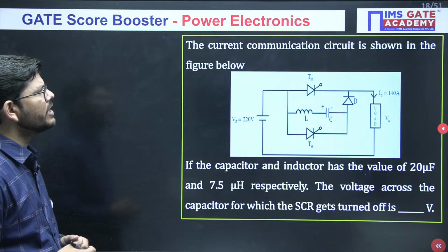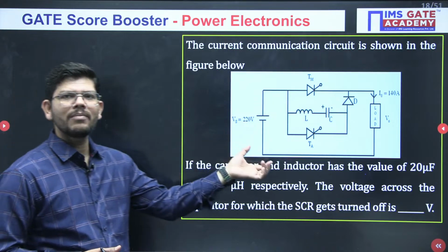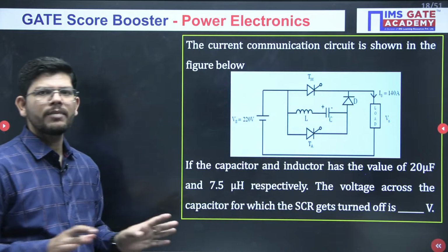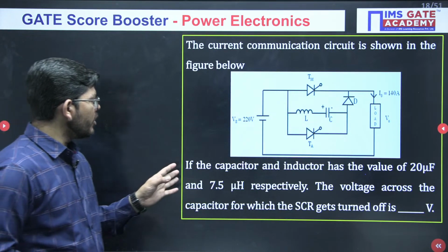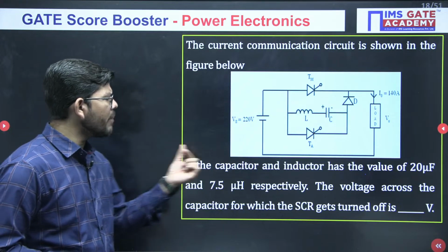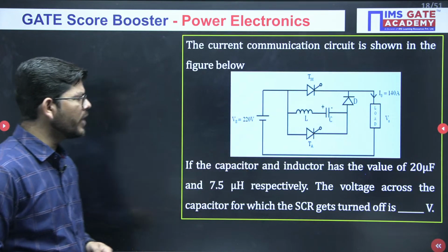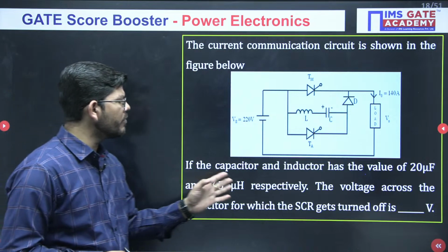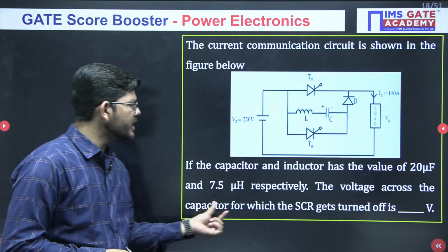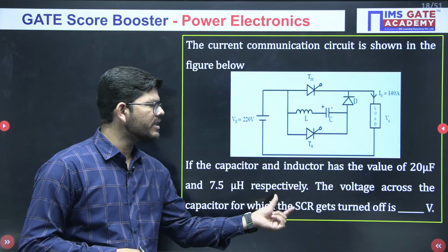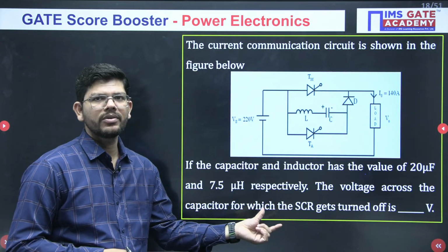The current commutation circuit is shown in the figure below. We don't have to remember the circuit because they will already give it. If the capacitor and inductor have the values of 20 microfarad and 7.5 microhenry, the voltage across the capacitor for which the SCR gets turned off will be.